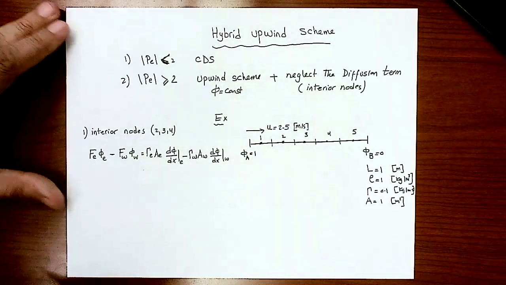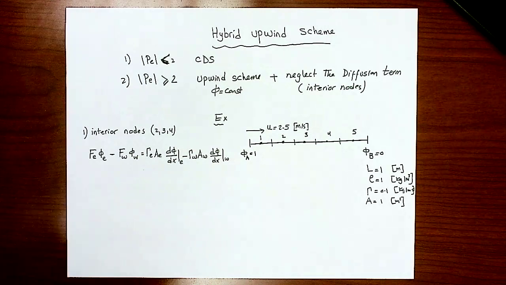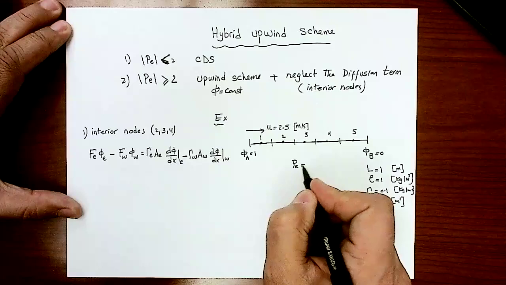This is after you write down the general transport equation, you take the divergence, you integrate over the control volume, you apply the divergence theorem, then you end up having this equation here. Now, what's my Peclet number? Peclet number is equal to 5, right?